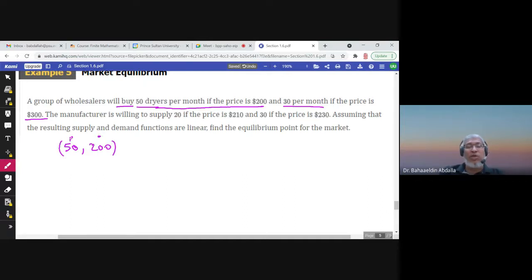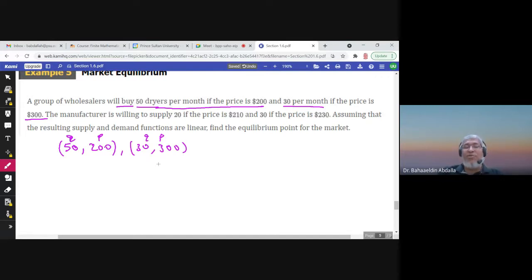QP, sorry. And the second point, 30, the quantity would be 30 if the price is 300. So using these 2 points, we can find the demand equation.